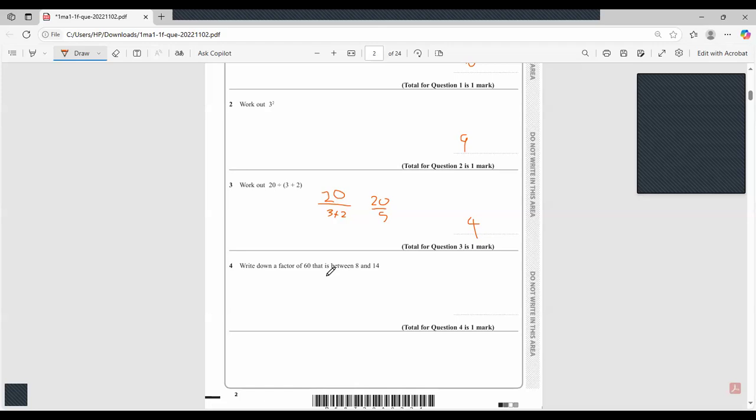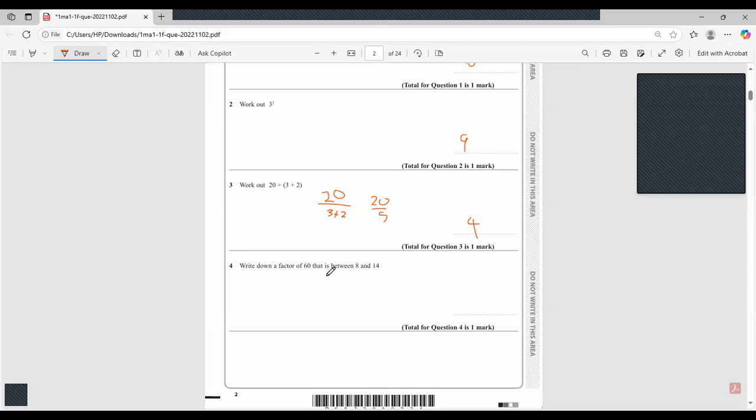Okay. 6 times 10. But 6 and 10, none of them lie between 8 and 14. So those are disqualified. What other numbers do you know that when you multiply them give you 60 from your times table? 5 and 12.